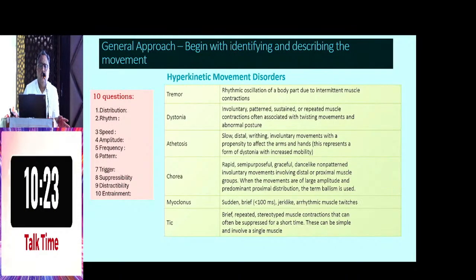First we will discuss hyperkinetic movement disorders, later on hypokinetic movement disorders like Parkinsonism. Hyperkinetic disorders are divided into 5 major groups. One is tremor, which is the most common in clinical practice. Second is dystonia. Third, athetosis. Fourth, chorea. Fifth, myoclonus. And tics are usually encountered in the clinical practice of psychiatrists.